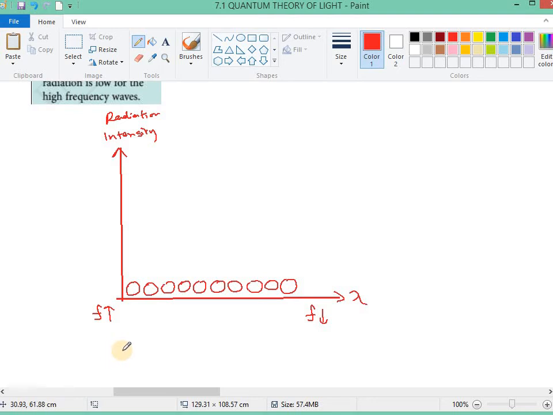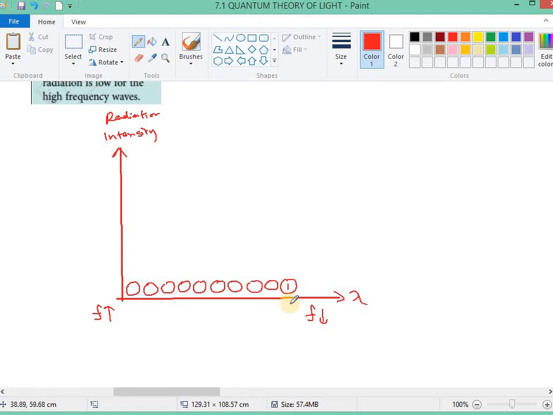In order for the particle to oscillate at low frequency, the particle doesn't need a lot of energy, right? If it oscillates at low frequency, that means it oscillates very slowly. Logically, it doesn't need a lot of energy. So let's say it only needs 1 joule. The number that I write inside the circle is the amount of energy needed by the particle to oscillate.